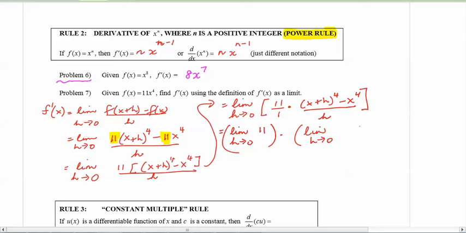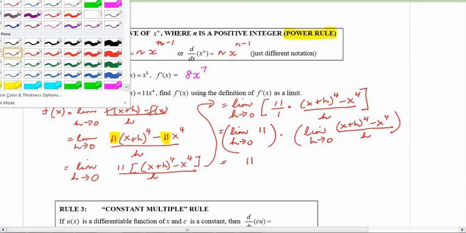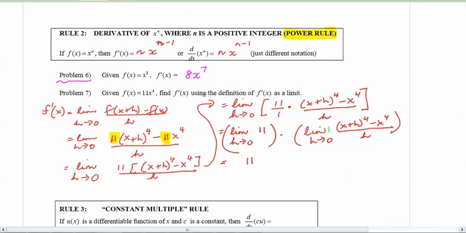So I've got the limit of 11 times the limit of my fraction, and the limit of 11 we all know is 11. Limit of a constant is a constant. And have a good look at what we have for our second limit.